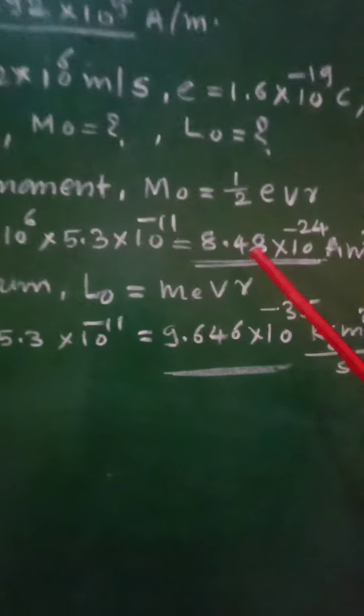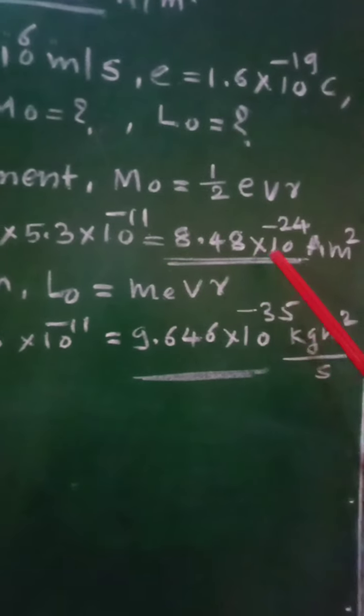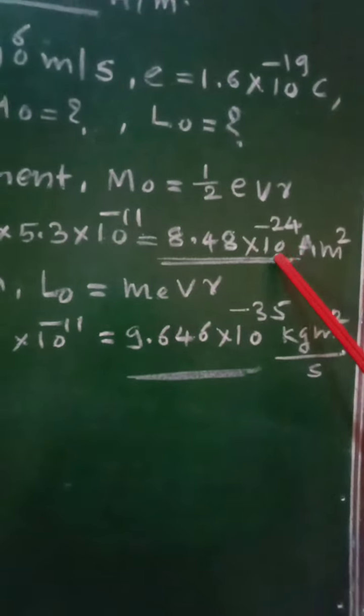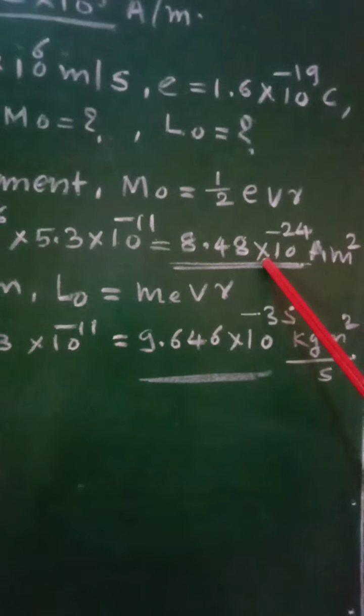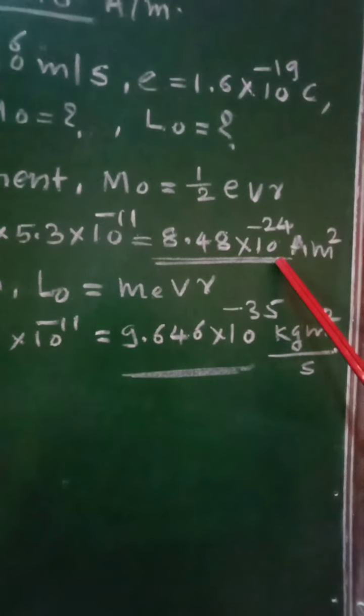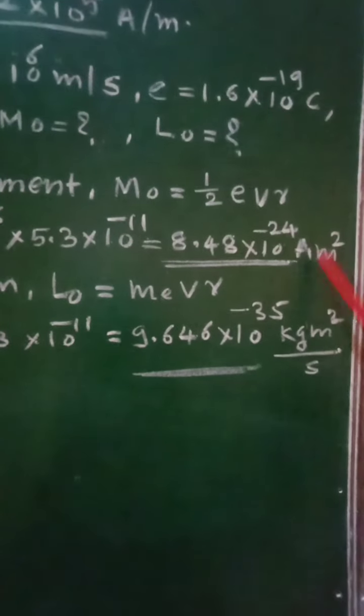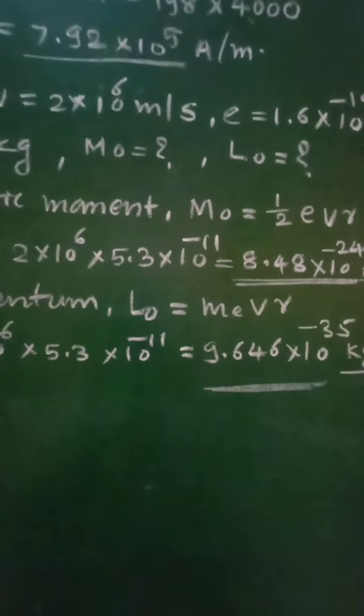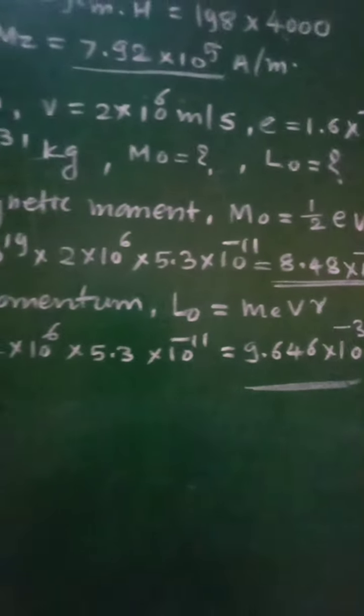Solving this we will get 8.48 into 10 raised to minus 24 ampere meter square. This will be the orbital magnetic moment.